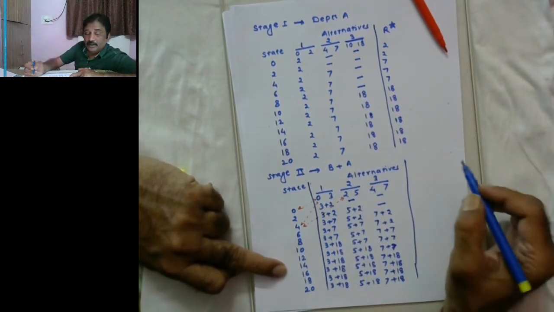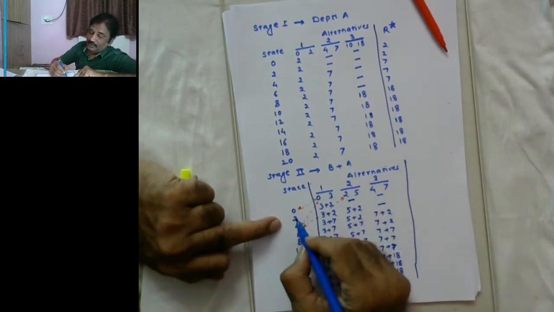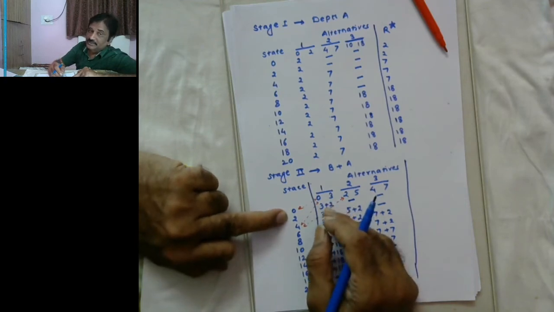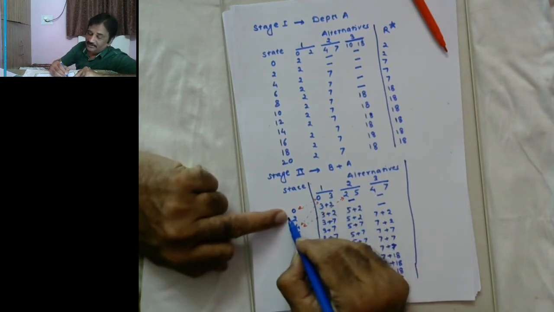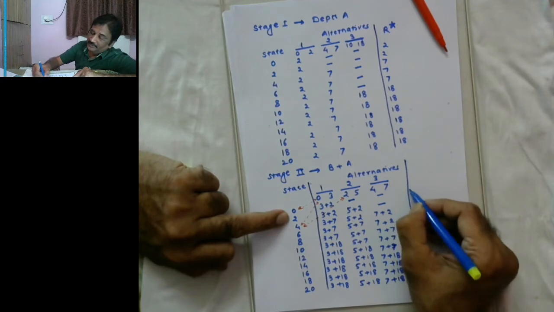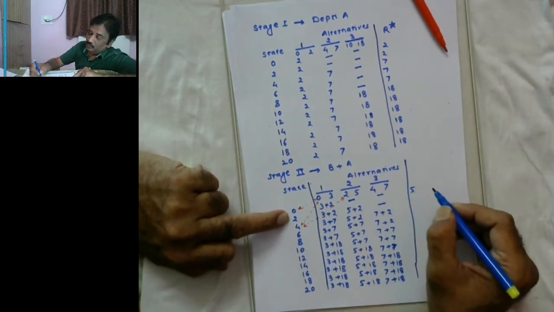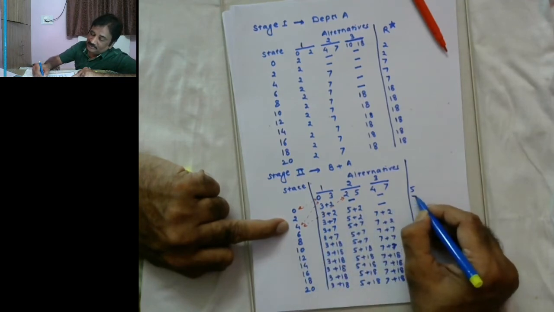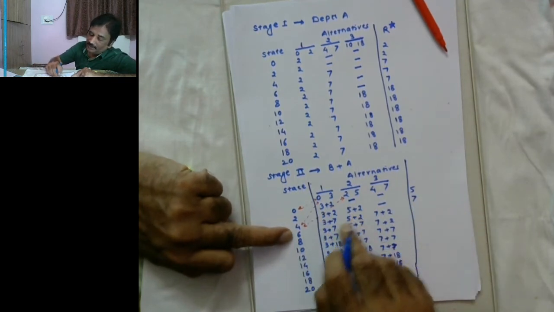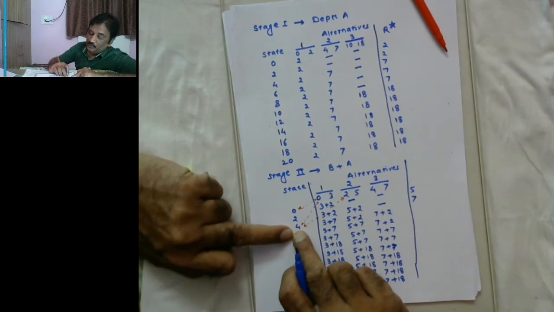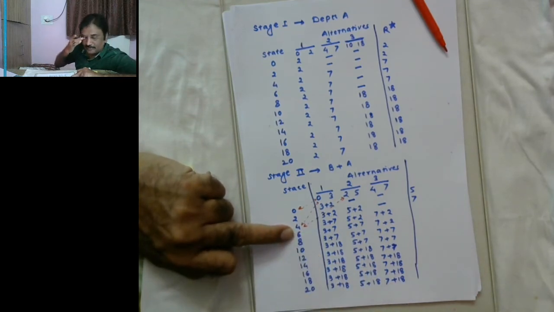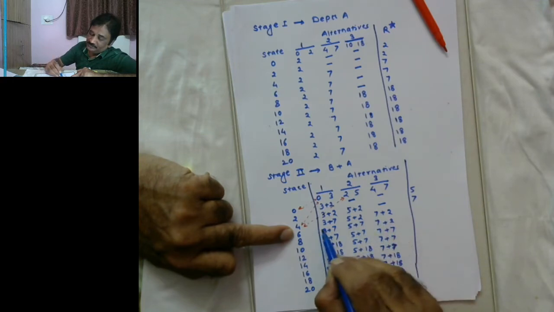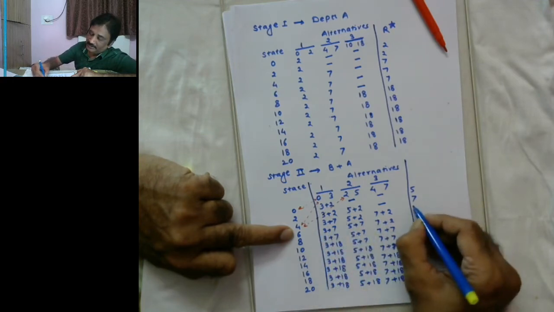Now you have to find the optimal return if you do the investments in B and A departments. For 0 crore, you will get an optimal return of 5. If you assume you have 2 crore, the optimal return is 7 crore. Then if you assume you have 4 crore, the best return you can get is 10 crore, right?